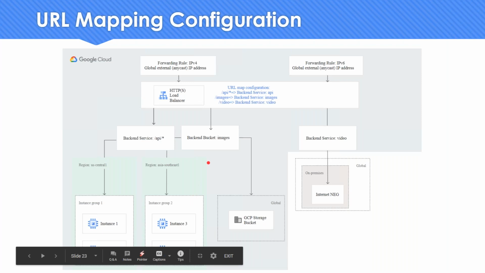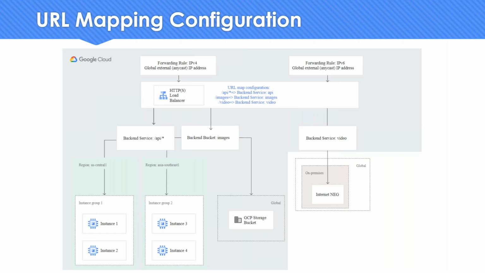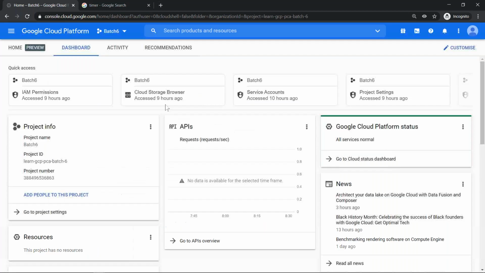So when we were creating our load balancer last week, the L7 load balancer, there was a second set of configuration. The first configuration was to create a backend. Let me do this quickly for you to recollect what I'm talking about.